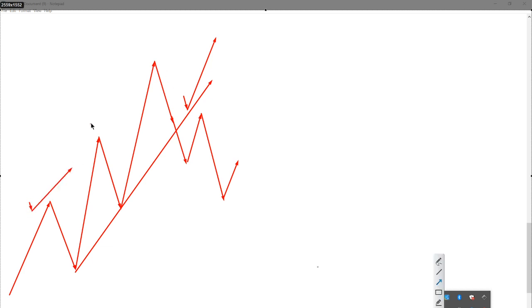It was creating higher highs, higher highs, higher highs, higher lows, higher lows. All of a sudden it came back, broke the previous high, pulled back, gave us a lower high here, right? Lower high. It runs down, created a lower low.